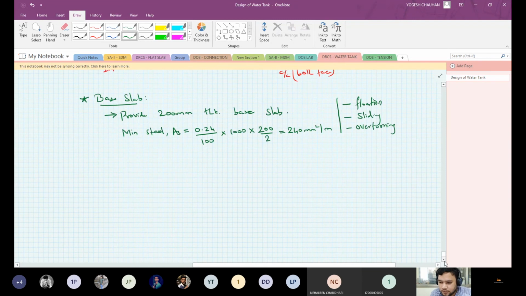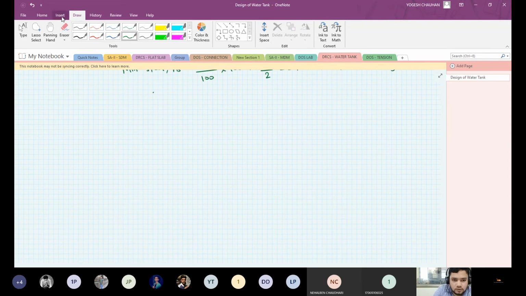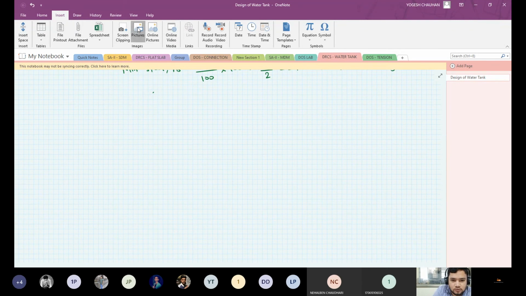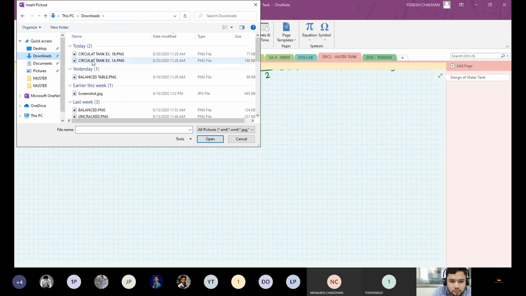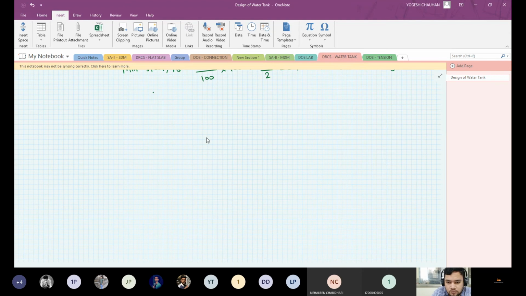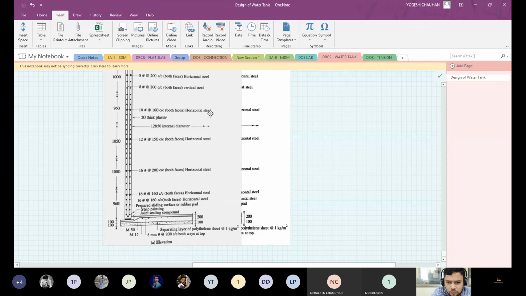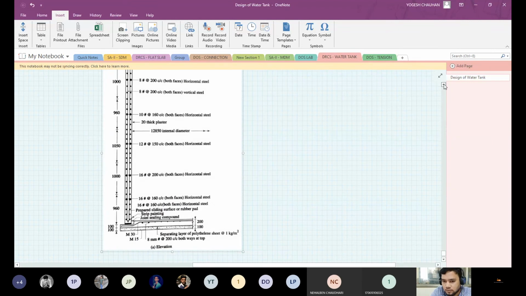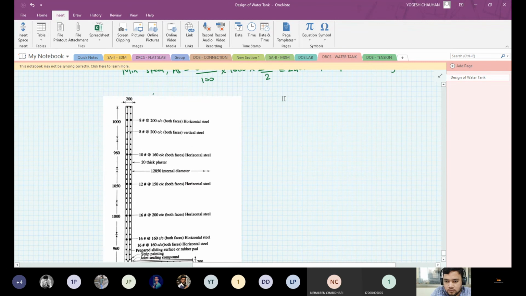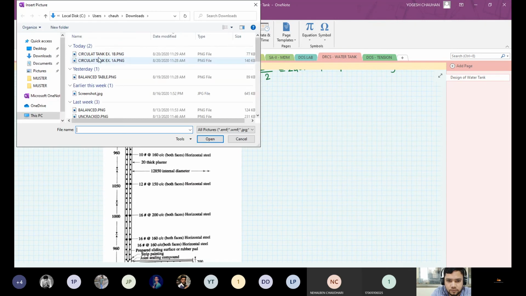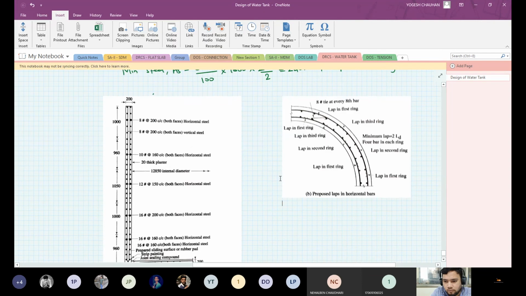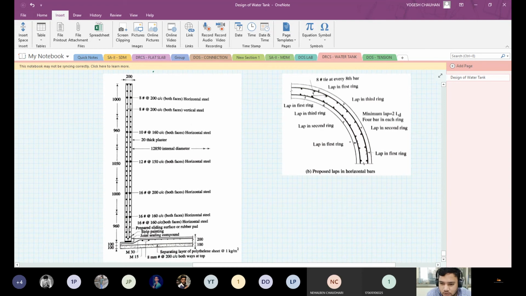Now, if you see the detailing of this, this is the plan view, and this is the elevation.